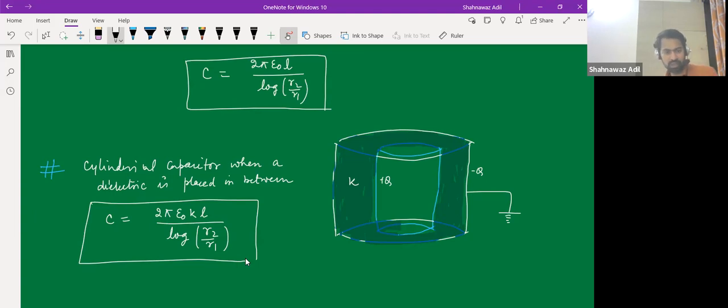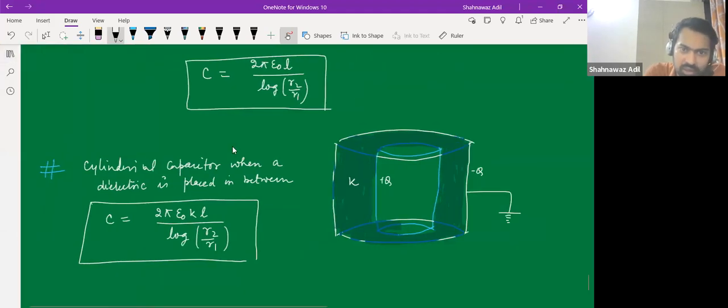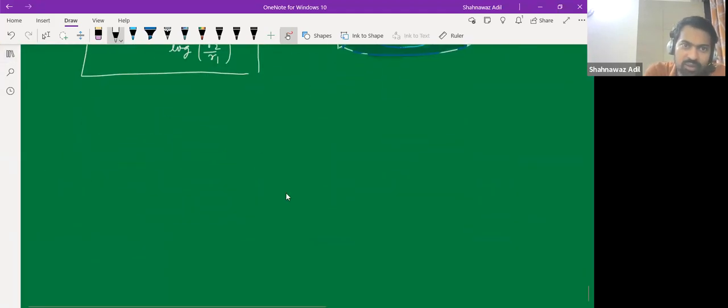Okay, so now let's keep this here, and now what do we have? We have force between parallel plate capacitor.